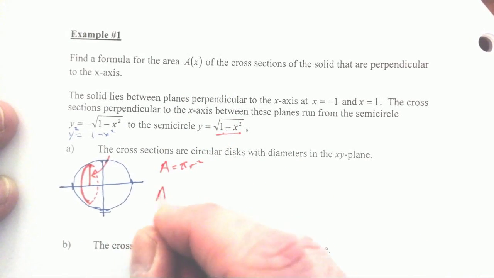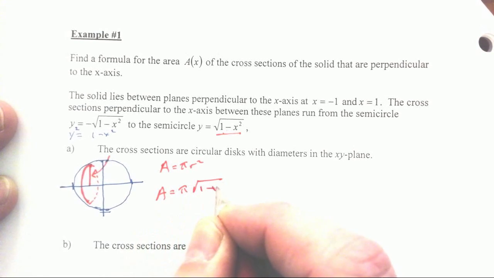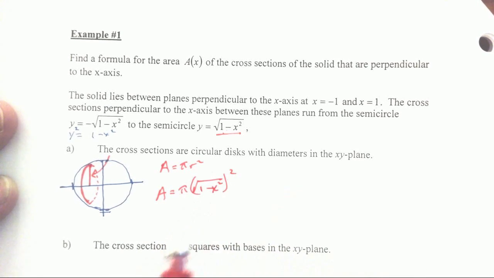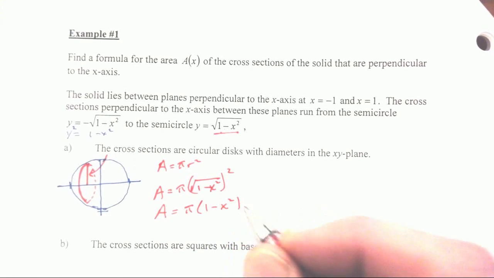So we get area equals pi times the square root of 1 minus x squared, squared. That's our radius. Or area equals pi times 1 minus x squared. You want to distribute that? You can. Sorry, I got a little bit of a cold here.